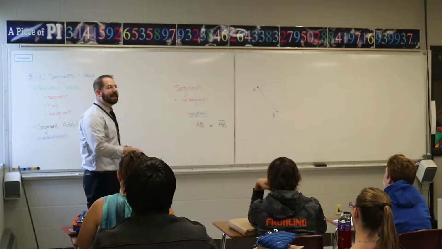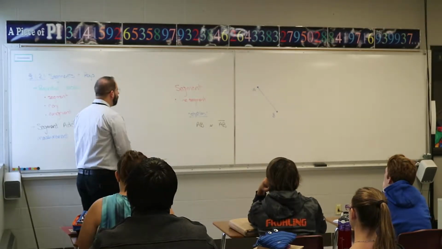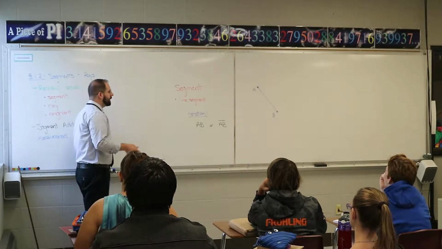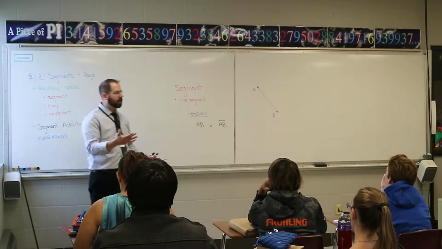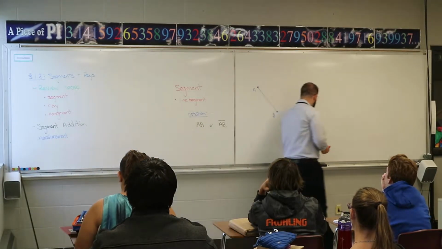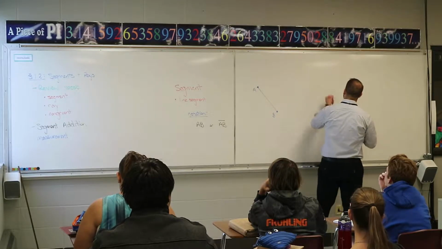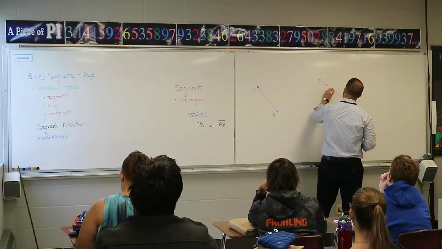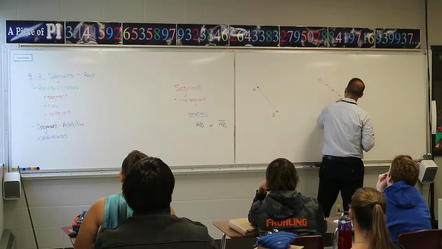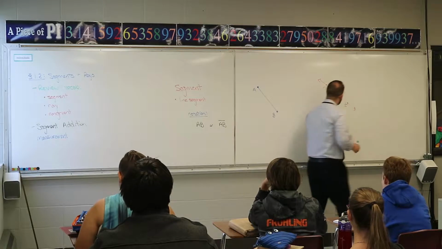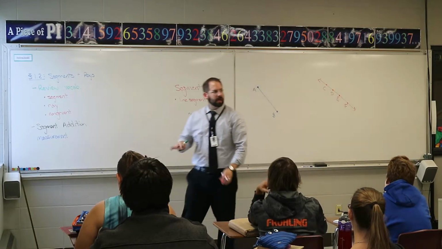Now, the one thing we didn't get to discuss yesterday was segments themselves. They have a definite start and stop. I always say that you want to use the endpoints. That's just the letters I want you to use. In a line, so if I were to draw a normal line that has arrows on it, C, D, E, and F. On a normal line, they have arrows, right?